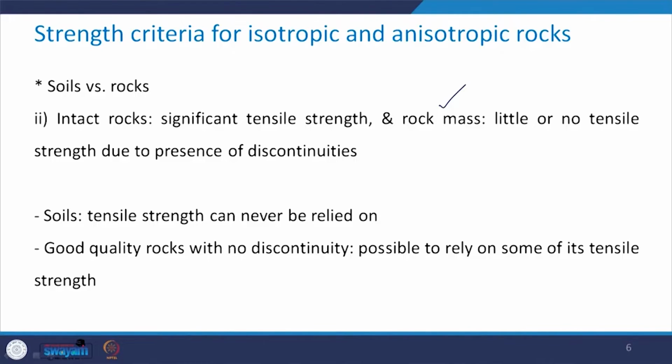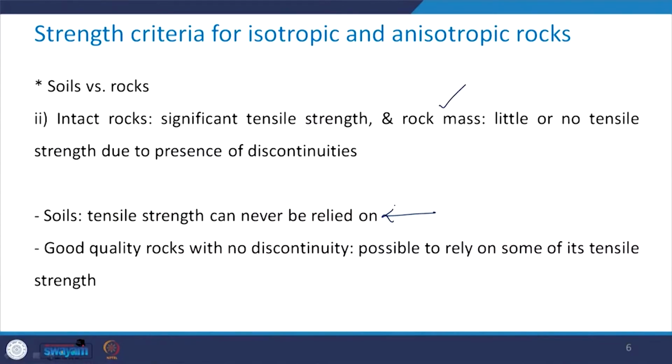The second aspect where I can compare soil versus rock is that in case of the intact rock, we get significant tensile strength, and in case of rock mass, little or no tensile strength is there because of the presence of the discontinuities. But what happens in case of the soils? Have you heard of tensile strength of the soil?